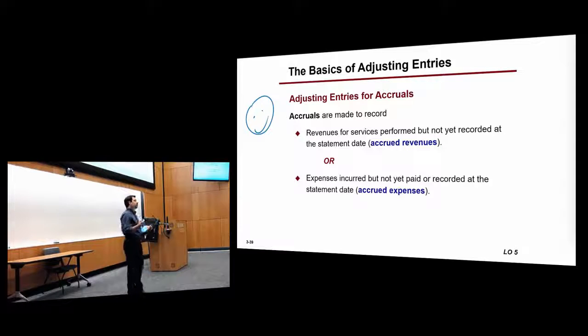Another example is the billboard example. If the client pays in advance, then it's unearned revenue. But what if the client does not pay you now and will not pay until you finish posting the 3 billboards?